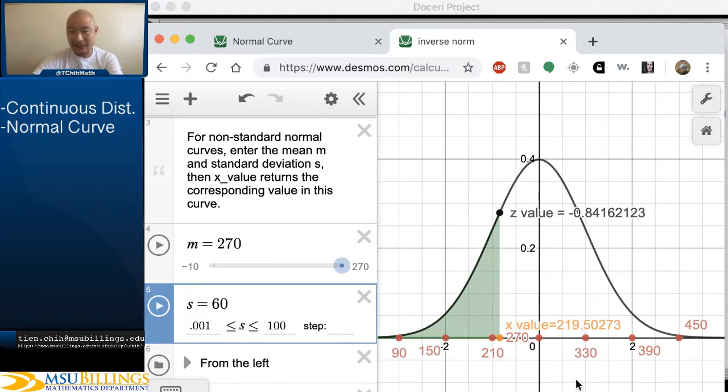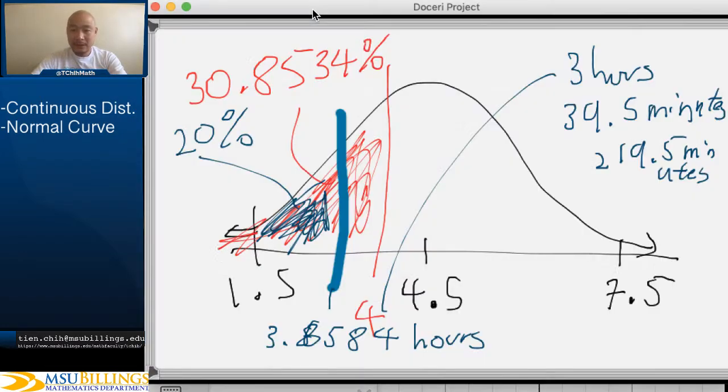My x value here is 219.5 minutes. And how much is 219.5 minutes? Well, 3 hours is 180 minutes. That leaves 39 and a half minutes left. So 3 hours, 39 and a half minutes.